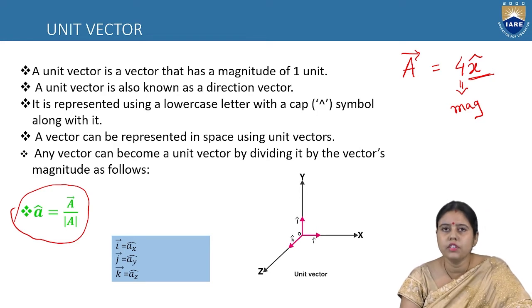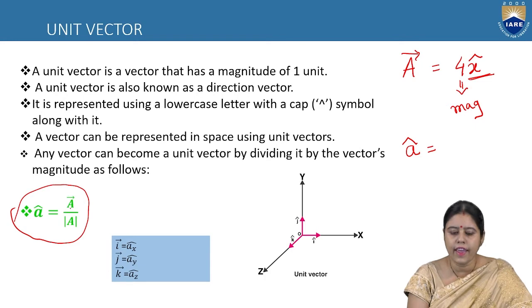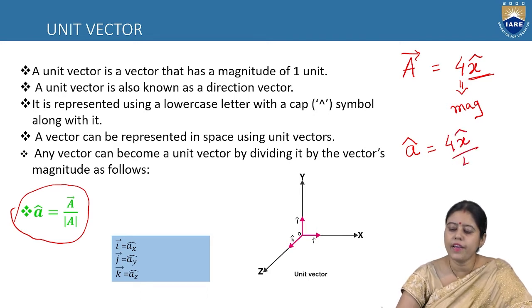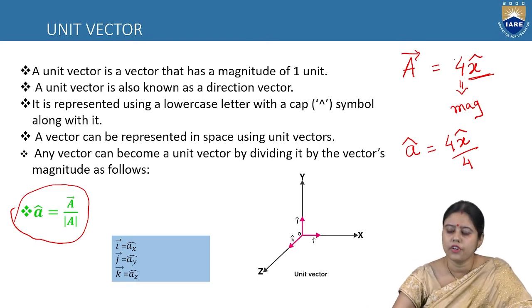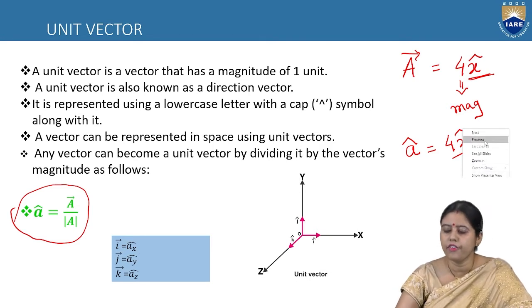What will be the unit vector? The unit vector can be written as A cap, and according to the definition, A cap is A divided by mod of A. Here A is 4 x hat, divided by its magnitude, which is 4. So we can write it as x hat.